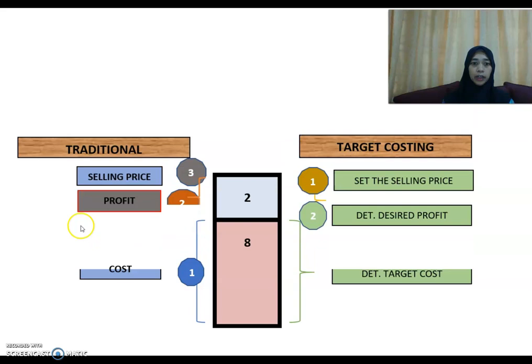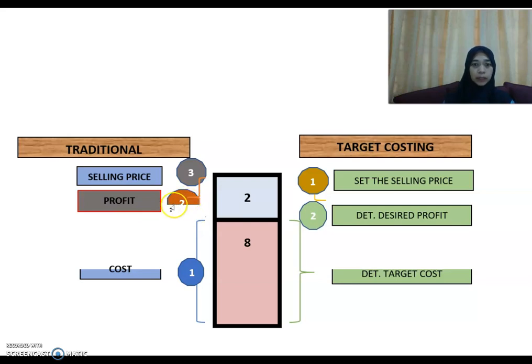So now, if you are using the traditional method, first you incur your cost. Once you determine how much your cost is, let's say you say my cost is 8. And then the second step is you determine how much the profit is. I want a profit of whatever percentage.